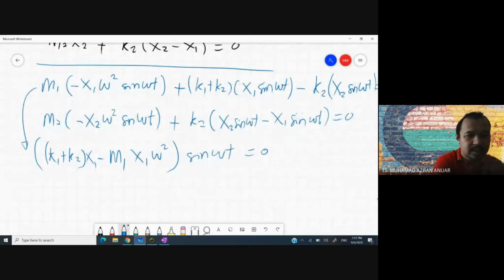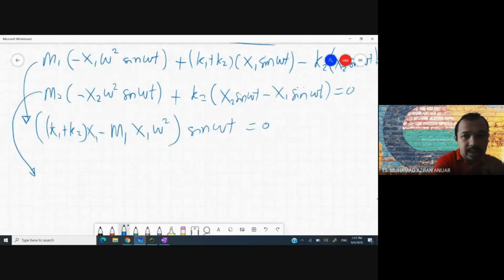Then this one is equal to K2 minus M2 omega squared.